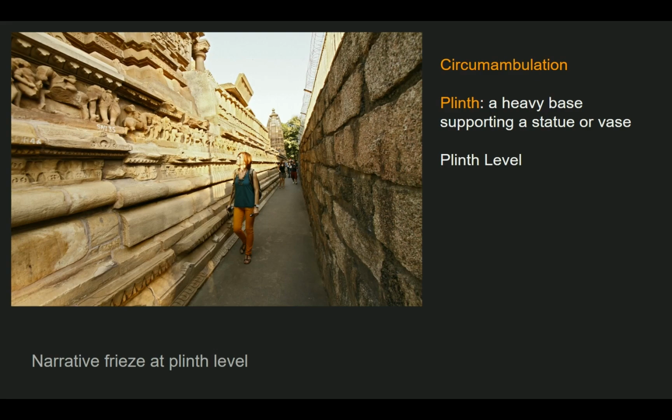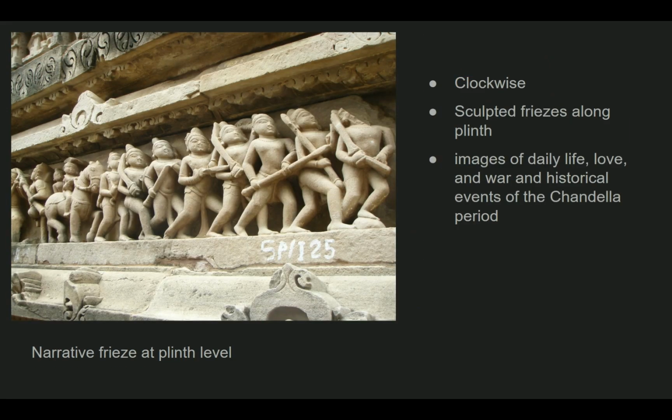So here are these sculpted friezes. They depict images of daily life, of love, of war. Again, these seem like polar opposites, but this sense of duality is always present, as well as historical events of the Chandela period of this dynasty.